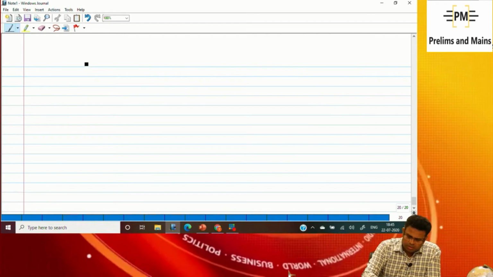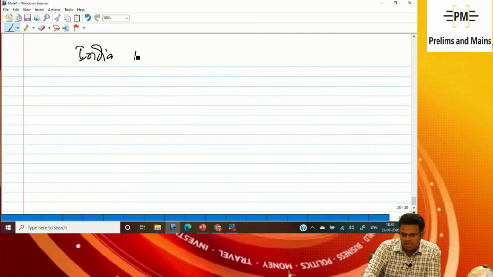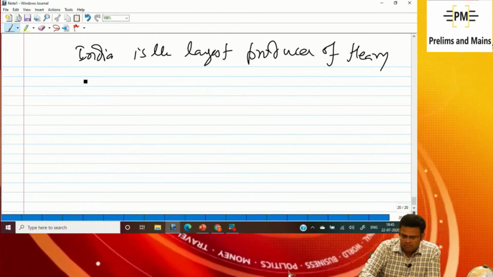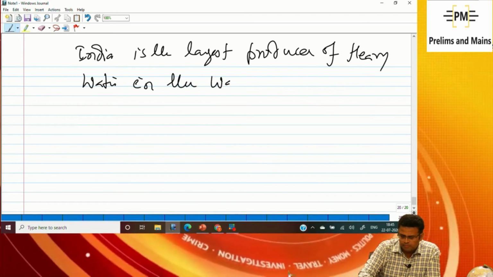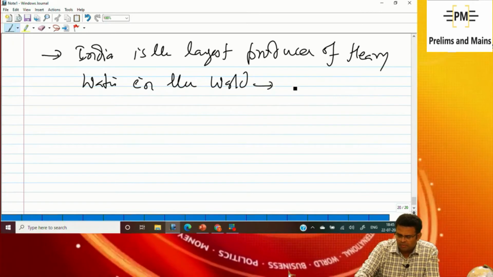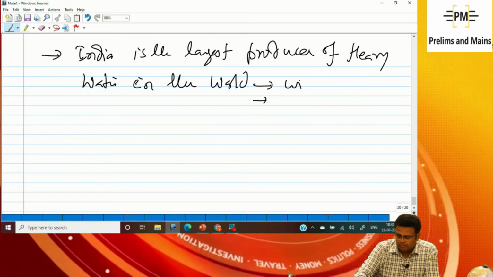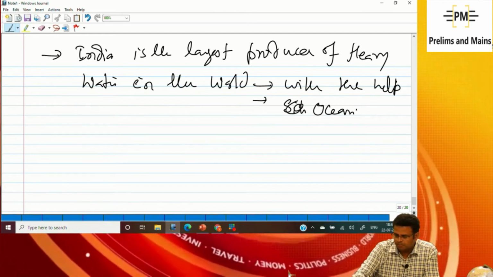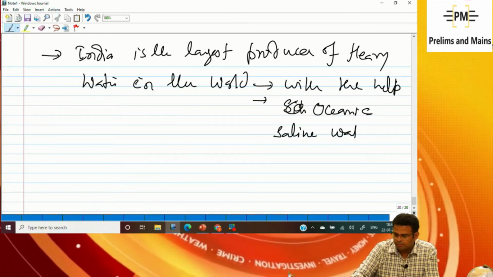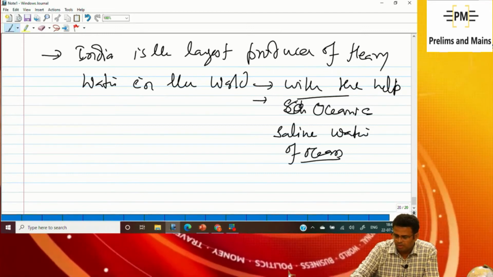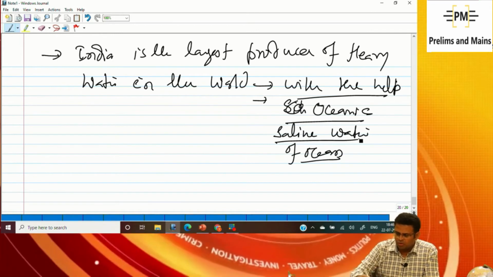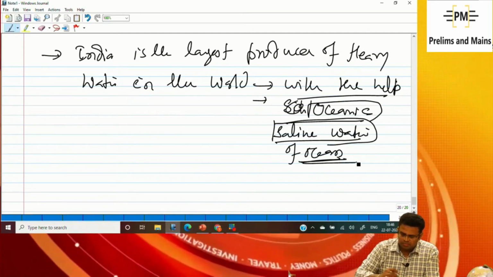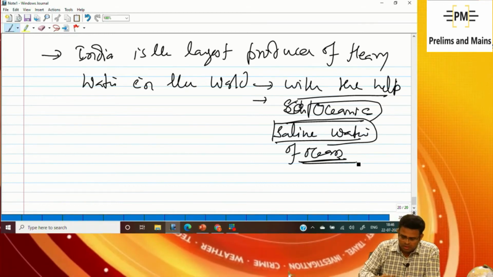India is the largest producer of heavy water in the world, and that is with the help of the saline water of the ocean. You should know that it is the largest producer of heavy water. Clear?